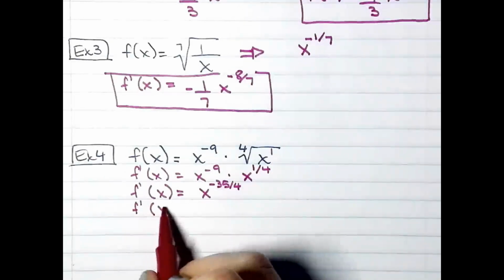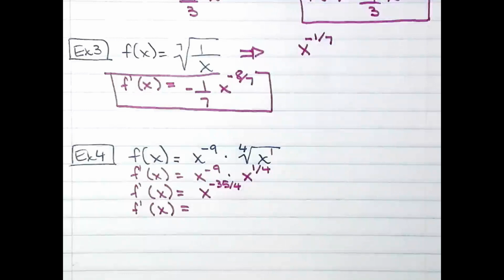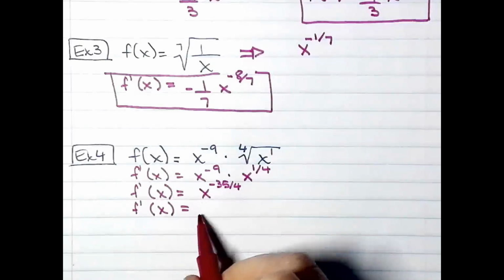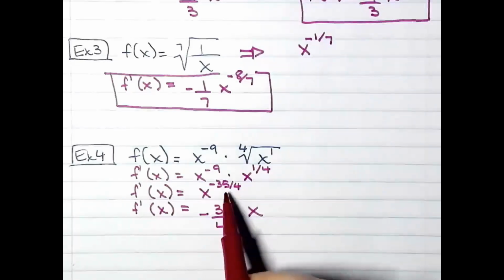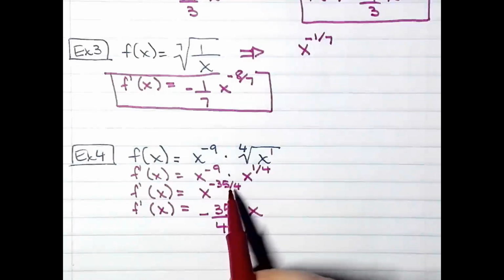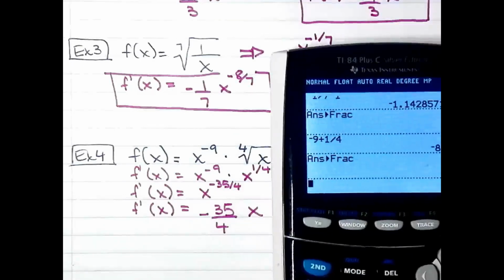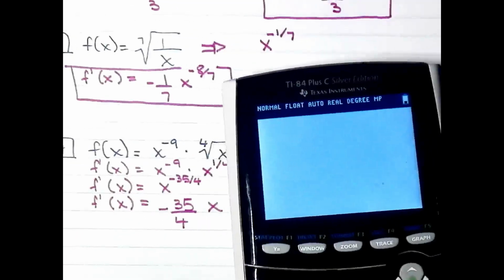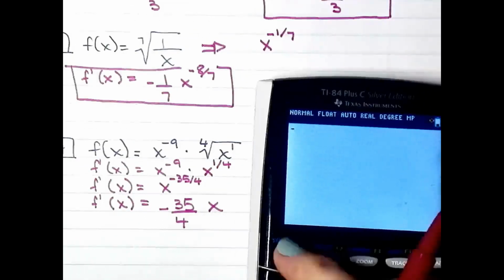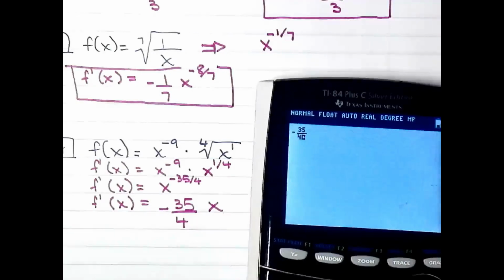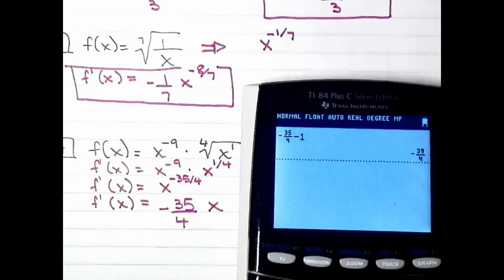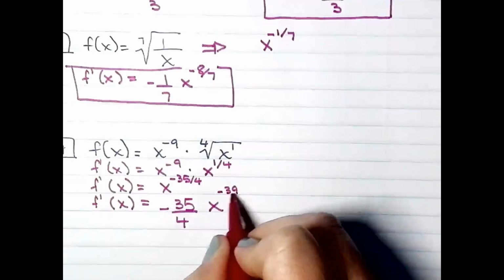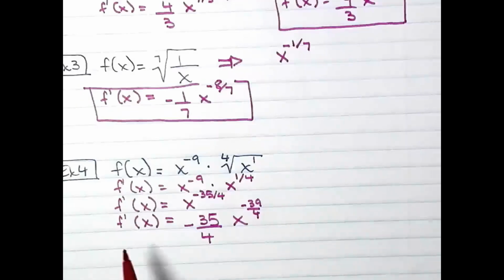Now I'm going to start applying the power rule for derivatives. The exponent goes right there in the front as the leading coefficient. And go ahead and decrease 1, subtract 1 from the original exponent. So negative 39 over 4. That's your final answer right there.